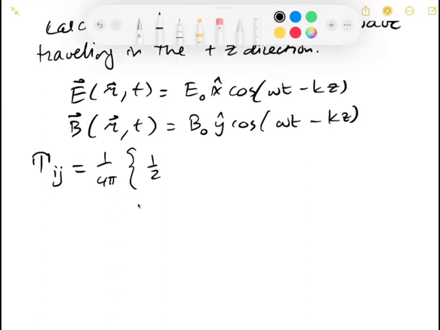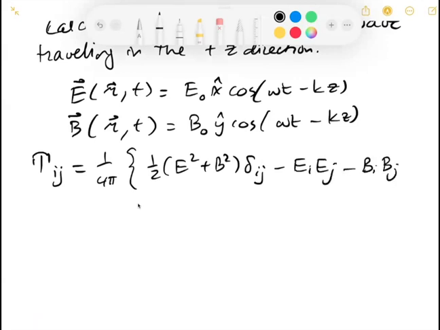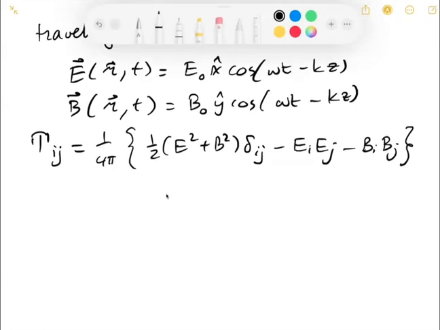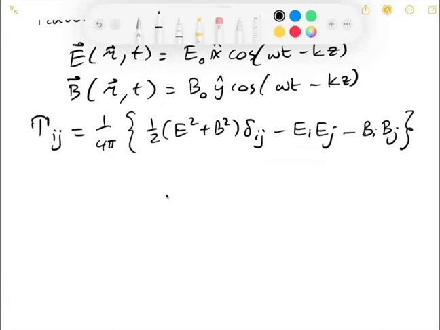Then there's a 1/2 (E squared plus B squared) delta ij minus E_i E_j minus B_i B_j. We know that the magnetic field has only a y component.